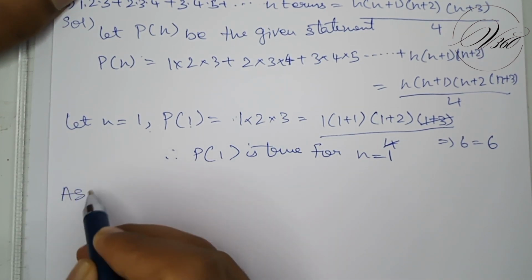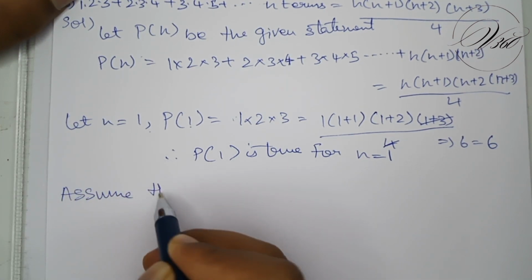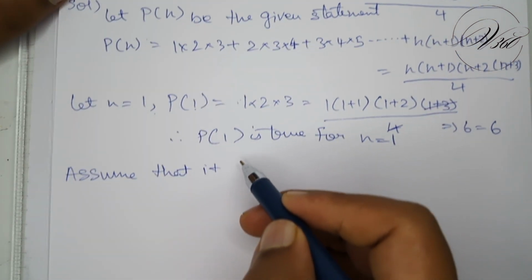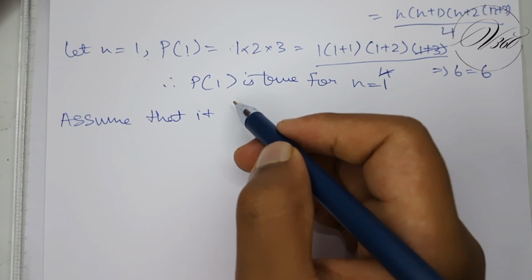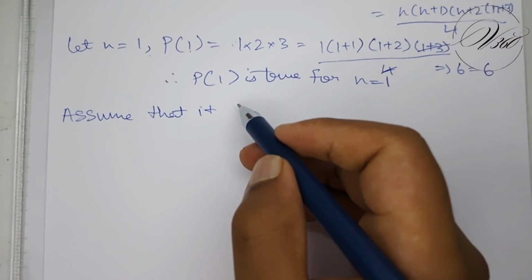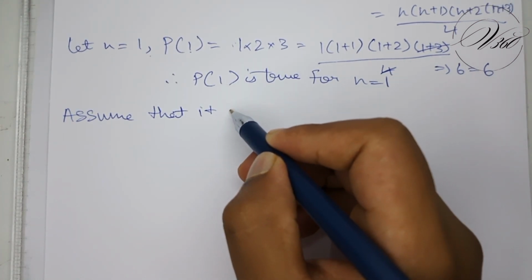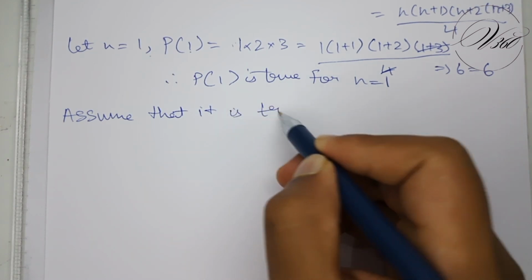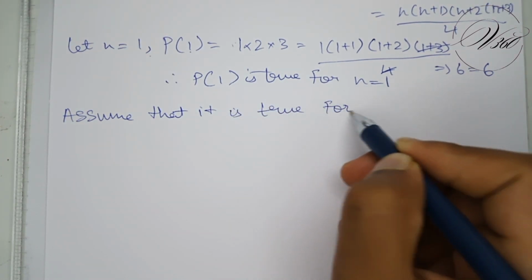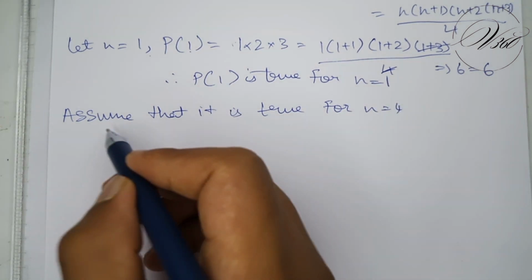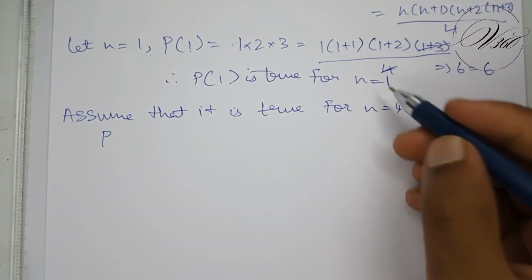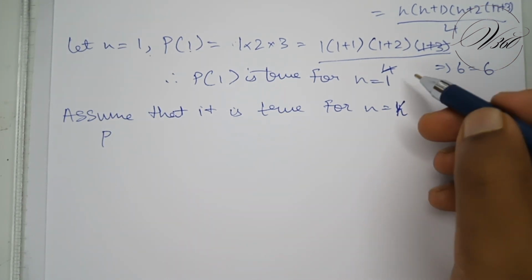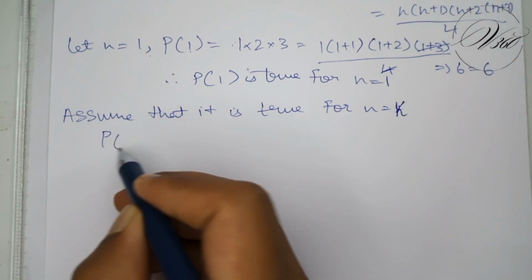Now assume that it is true for n equals k. I was writing the denominator, and in that confusion I said 4. It is k.